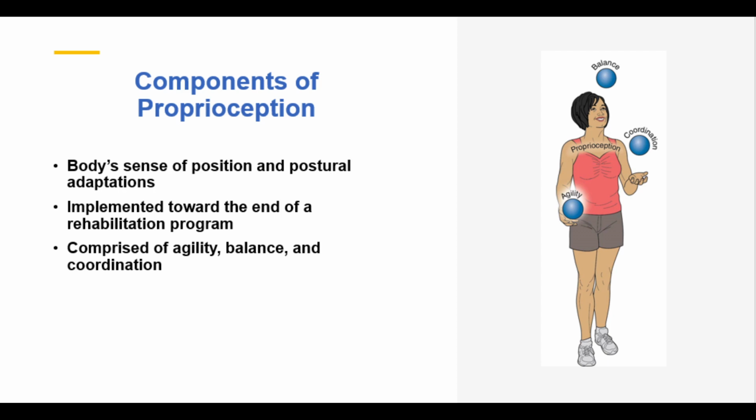But proprioception is obviously central to being able to execute any skill that involves accuracy, precision, and consistency as well. Proprioception also is important in correcting performance, and agility, balance, and coordination play a very vital role in helping to execute those particular motor skills.